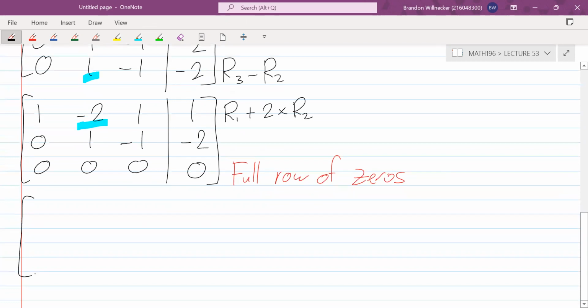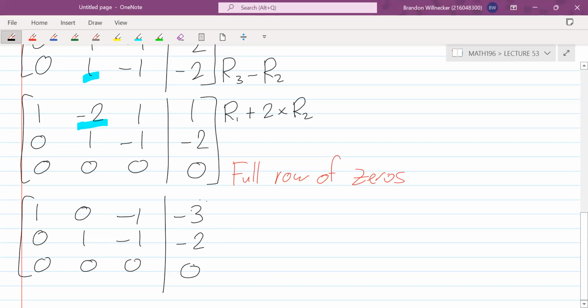Okay, so this is going to give us 1, 0, and then 1 minus 2, that's going to be minus 1. And 1 minus 4, that's going to be minus 3. And then we have 0, 1, minus 1, minus 2, 0, 0, 0, 0. Okay, so now the last row is all zeros.